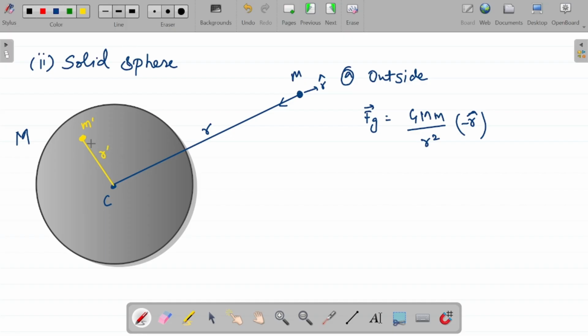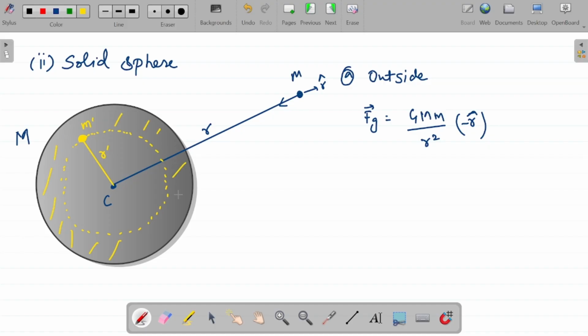Okay. So for this body, which is inside the solid sphere, we can assume a sphere of radius r prime here. And for that sphere, this body will be at its surface. And after extracting this sphere, we will have a spherical shell outside.